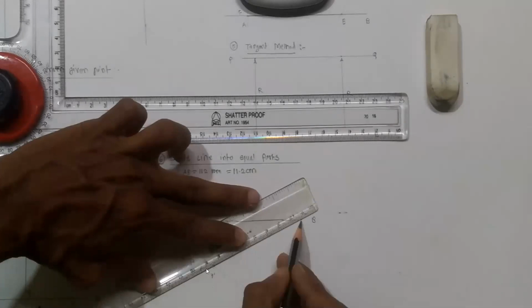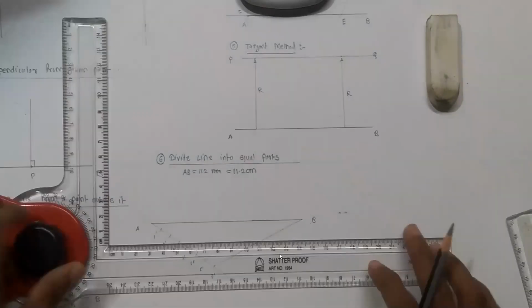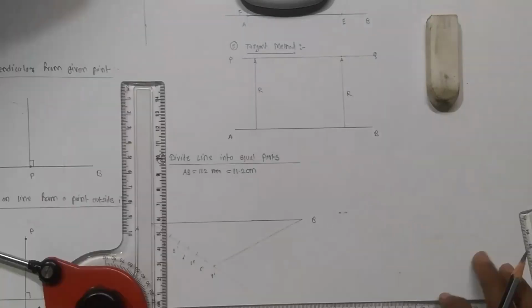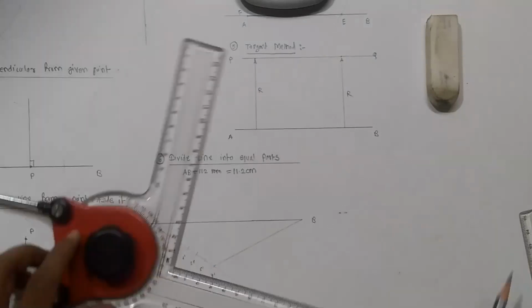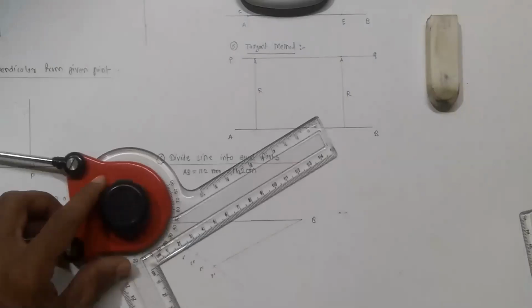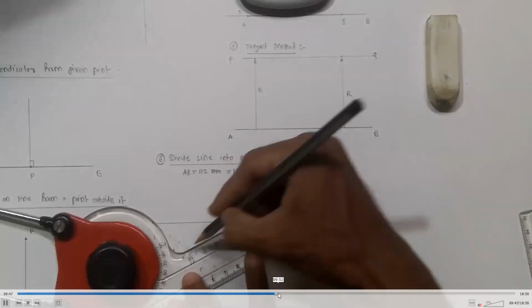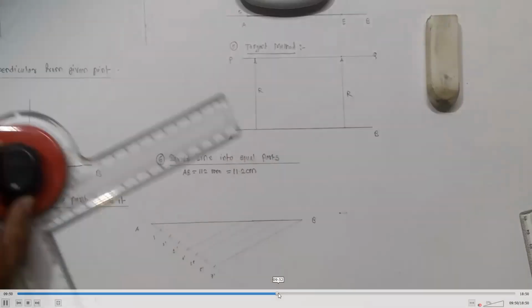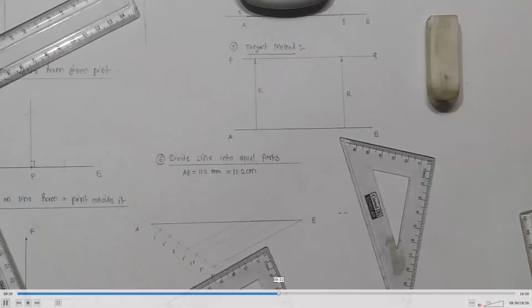So now join this last division to the point B and then draw the parallel lines from the remaining points. You can use the mini drafter, or you can use the set square.